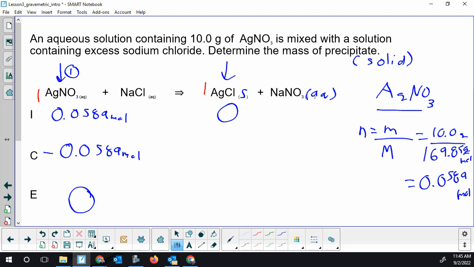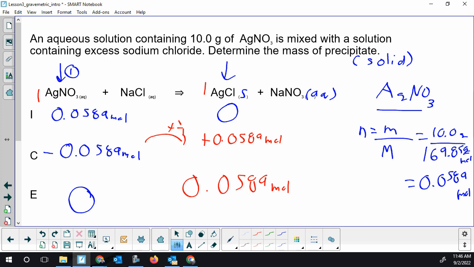So it's the same moles. So the hard work was getting that silver nitrate column done, 1-to-1 ratio. Okay.